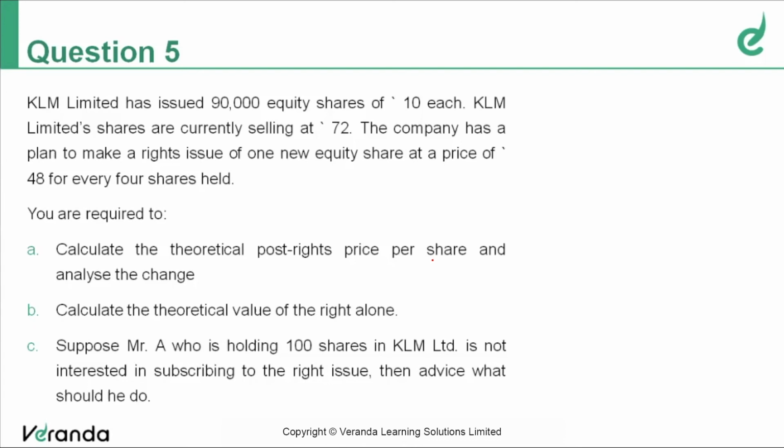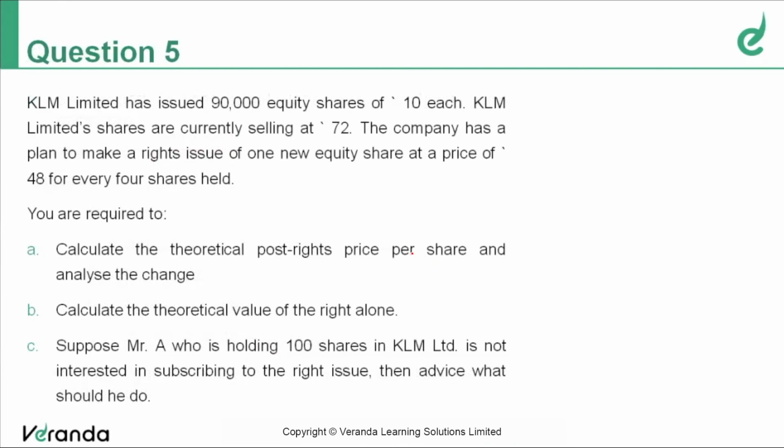You are required to: A. Calculate the theoretical post rights price per share and analyze the change. B. Calculate the theoretical value of rights alone. C. Suppose Mr. A, who is holding 100 shares in KLM Limited, is not interested in subscribing to the rights issue, then advise what he should do.